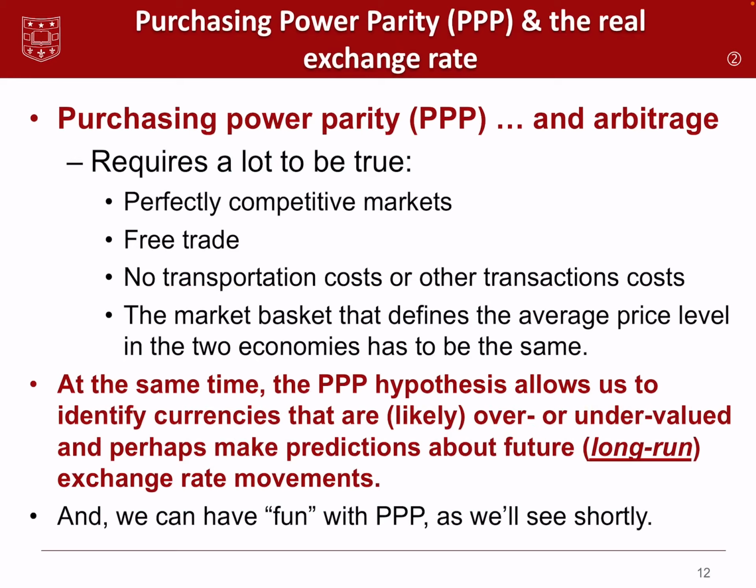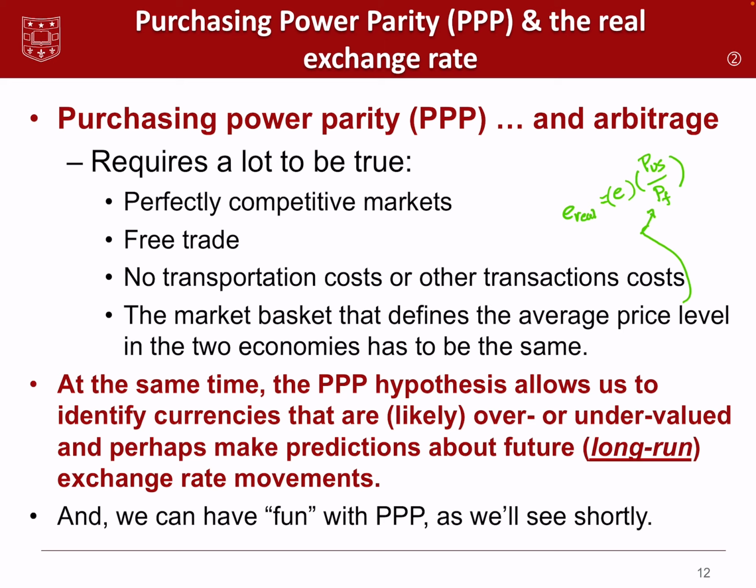And then additionally, and this is a fairly subtle point, but still one that's relevant, is the market basket that defines the average price level in the two countries. So again, remember that we said the real exchange rate is the nominal exchange rate times the ratio of the average price level in the US relative to the average price level abroad.